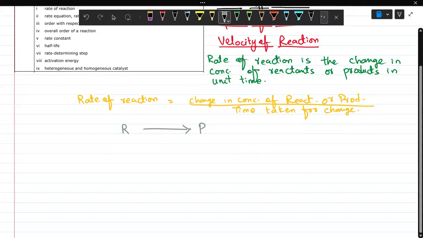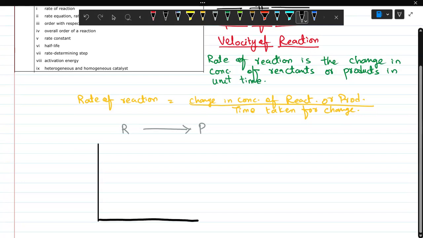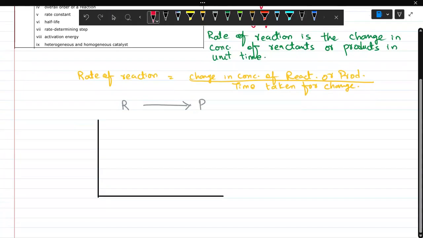Let's draw a graph for it and then we'll understand what is happening here. Let's say we have time here and concentration here.